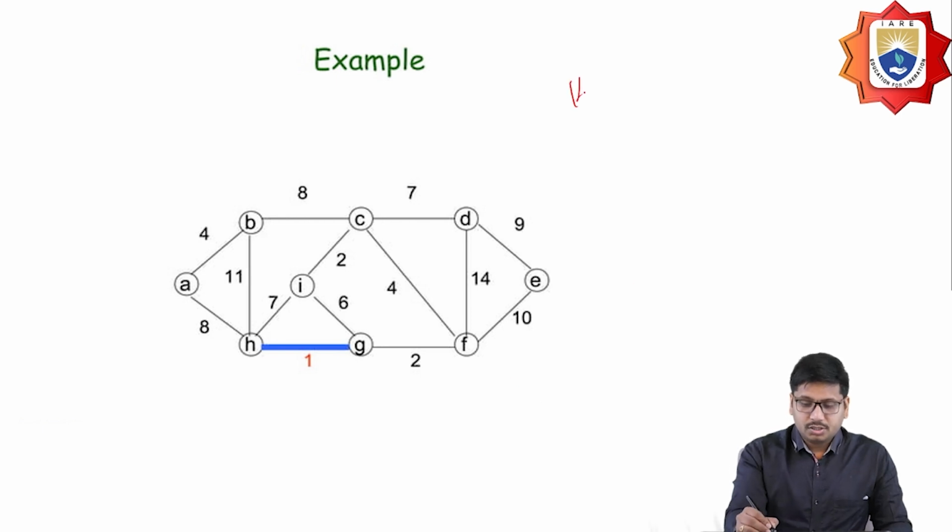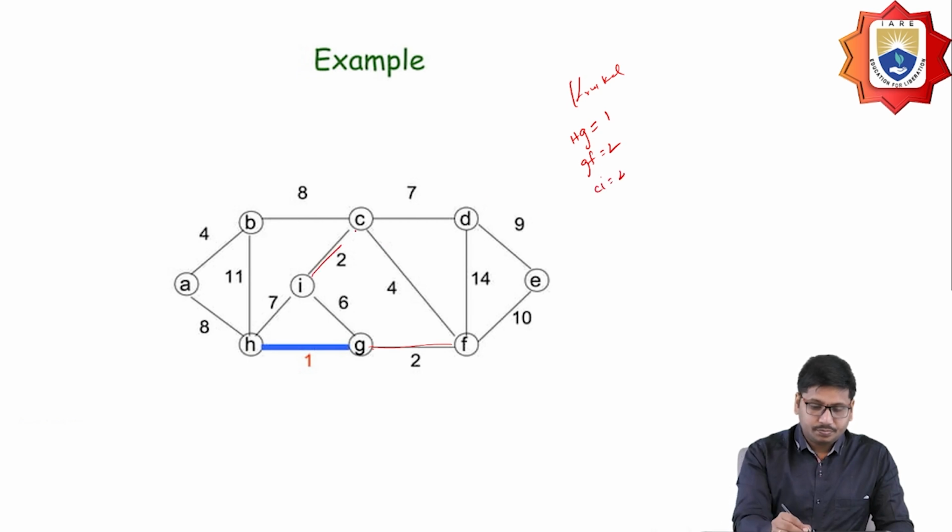So according to Kruskal's algorithm, initially I'm going to write all the edges: HG, and the next minimum is GF or CI. The next minimum is 4, so I'm going to construct AB, and 4 I'm going to have CF, and the next one is 6, so IG.